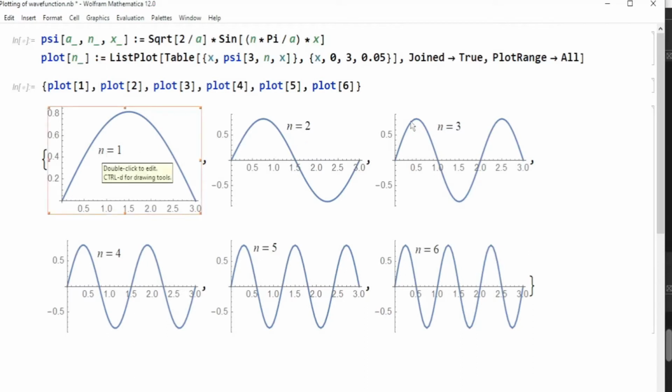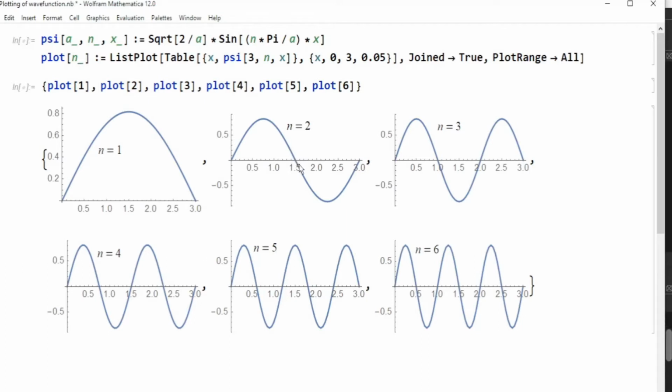Notice that as the quantum number increases, the wave function becomes more oscillatory. We see that for every value of n, the wave function goes to 0 at the boundary, which agrees with the boundary condition of the problem. Additionally, for n greater than 1, the wave function also becomes 0 at certain other positions.